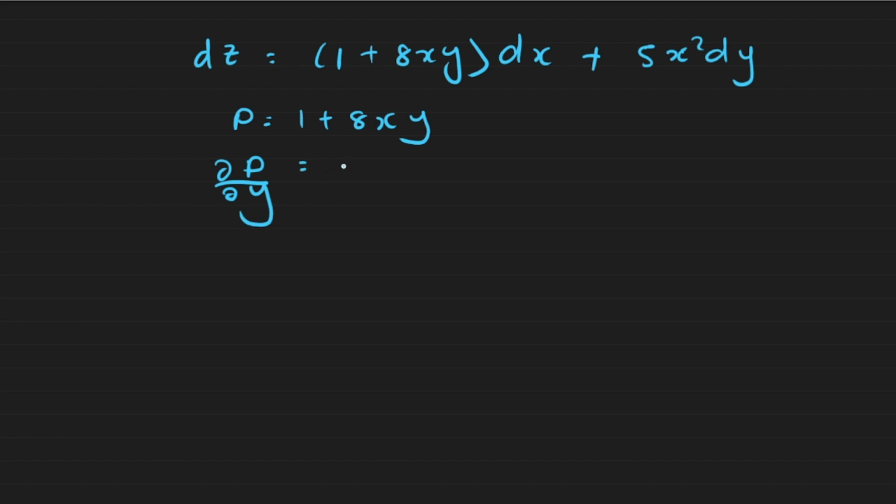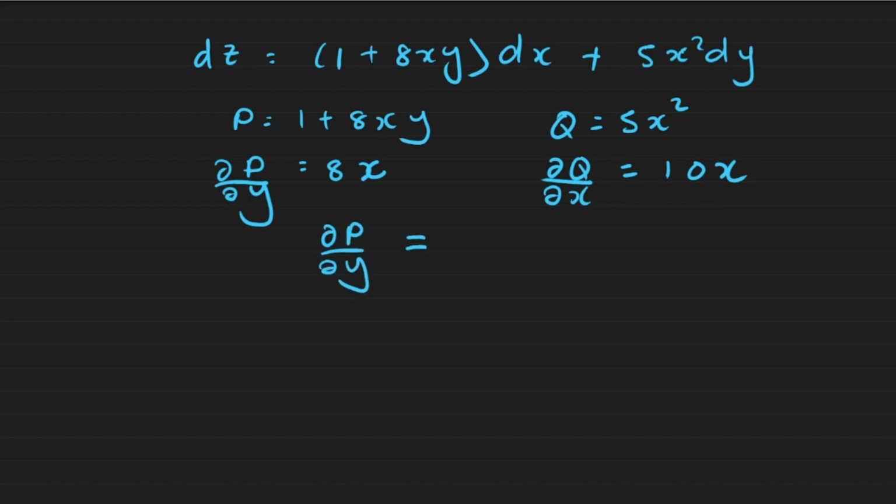That simply gives us 8x. Then we let q equal to 5x squared, and then we find the derivative of q with respect to x. And this gives us 10x. So what do we see? We see that dp/dy is not equal to dq/dx. So therefore, dz is not an exact differential and therefore cannot be integrated.